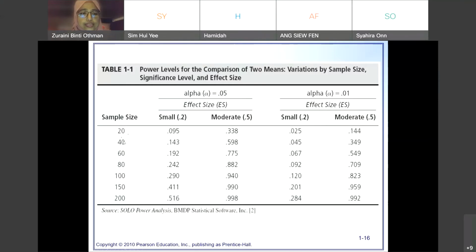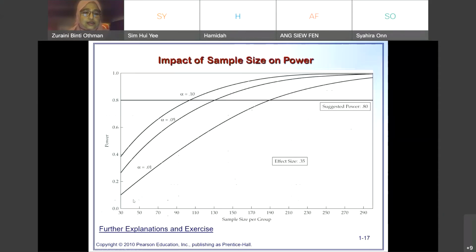But when we increase the sample size, this value also increases, until 200, and the value keeps increasing. That's the effect of the sample size on the power level. This is alpha 0.05 and 0.1. We can see that the power increases if we increase the sample size per group.